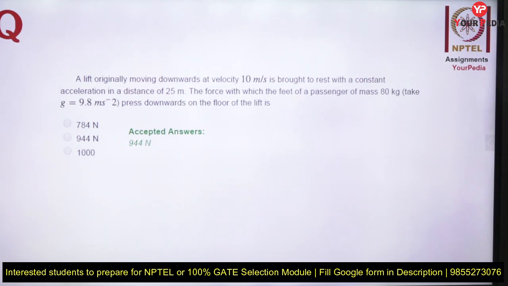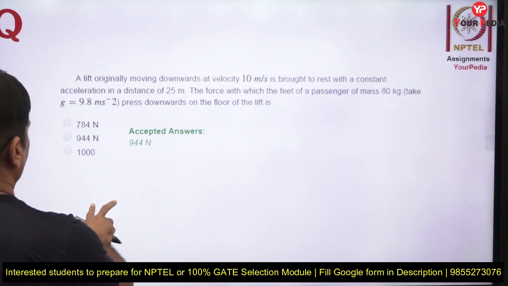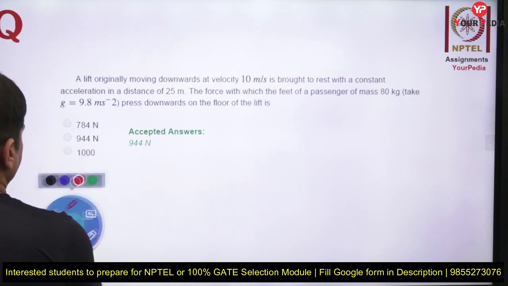The force with which the feet of a passenger of mass 80 kg, acceleration due to gravity is also given, pressed downward on the floor of the lift is. Okay, so stop this question and try to solve on your own before you see the solution.